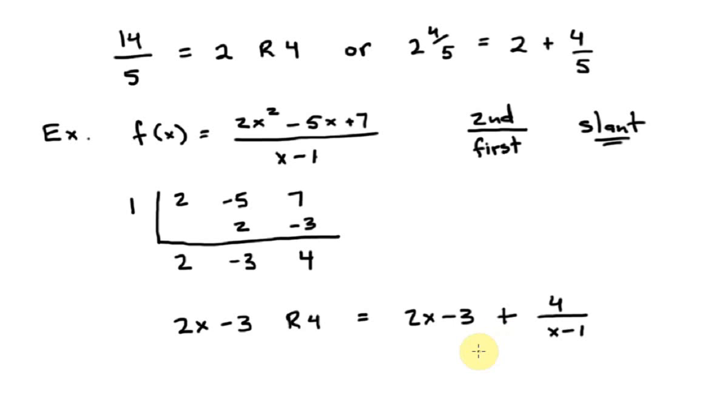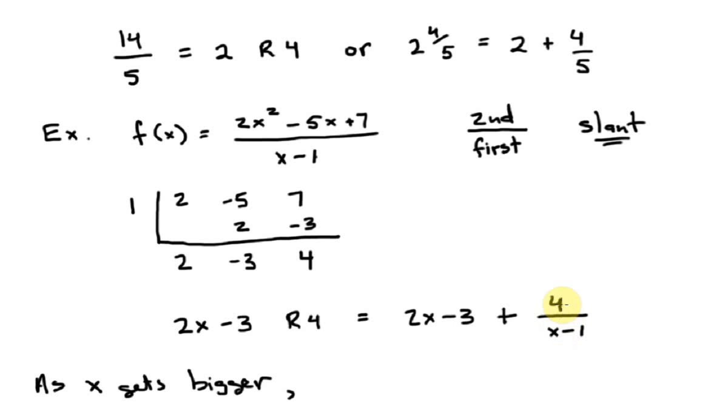Now, what I'm going to do to figure out basically what the slant asymptote is, I have to ask myself, asymptotes occur as x gets bigger. So as x gets bigger, what is happening with this answer? Well, 2 times x is going to get really big, minus 3, and then plus this. Now, what happens here as x becomes a bigger and bigger number?